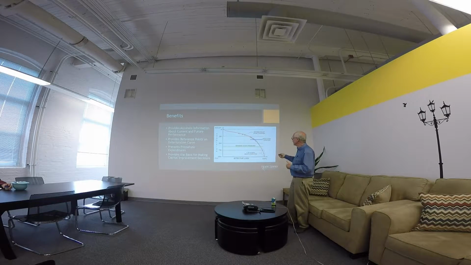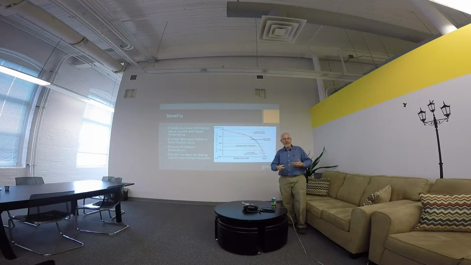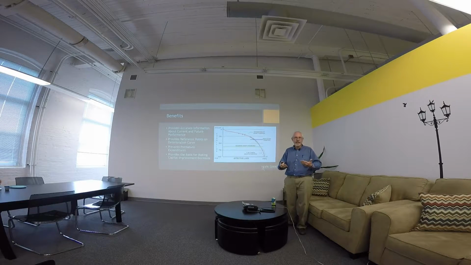But if you got a point here, and then found a point down here in a very short time period, you know that it's deteriorating very quickly, that it's not meeting what your expectation is, and it's gone past your minimum standard level of service. Roads can occur this way.